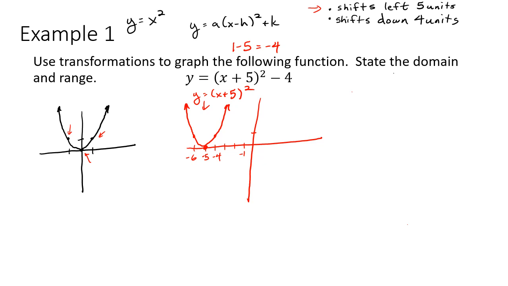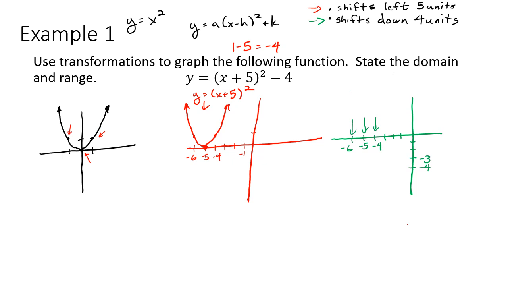And so now, to finish the problem off, I'm going to take that red graph and apply the second transformation. I'm going to shift it down 4 units. All right, so my x values are still going to be the same.